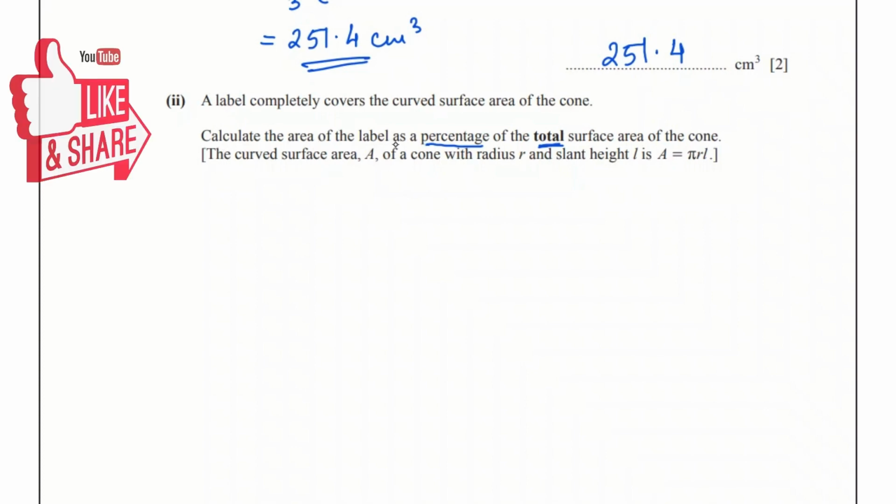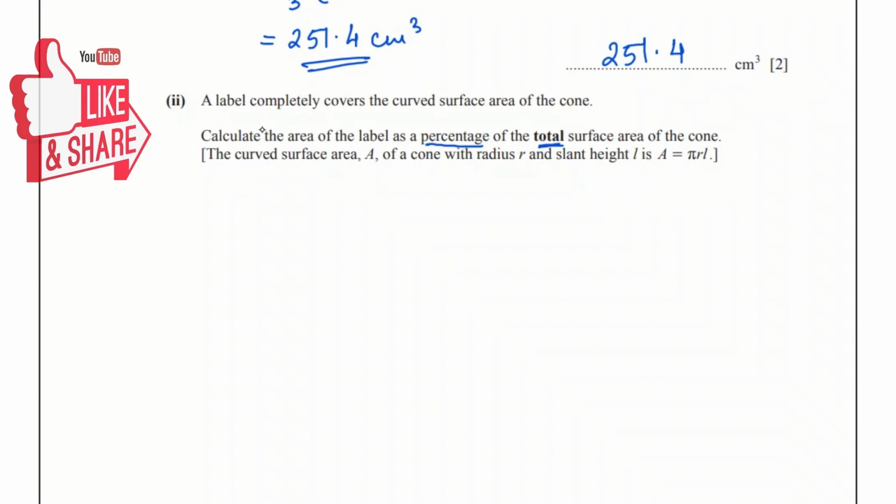Calculate the area of the label as a percentage of the total surface area of the cone. So you have to find out the percentage of the label area on the total surface area of the cone. Now let's start.